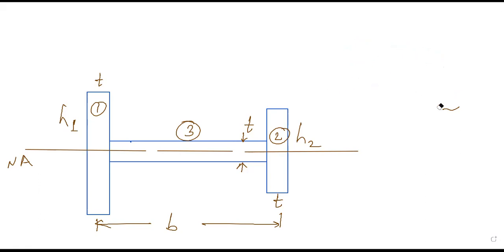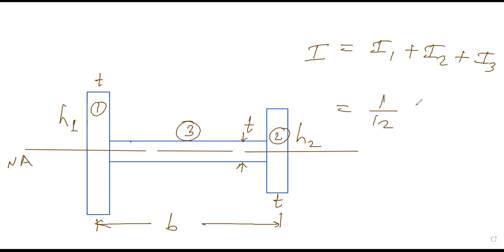So write down, I is equal to I1 plus I2 plus I3. I3 is 0. So I1 is equal to 1 by 12 T into H1 cube plus 1 by 12 T into H2 cube, right?